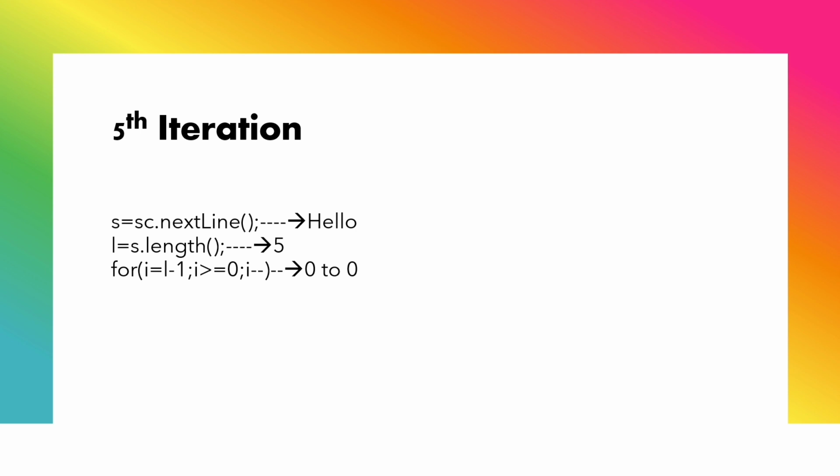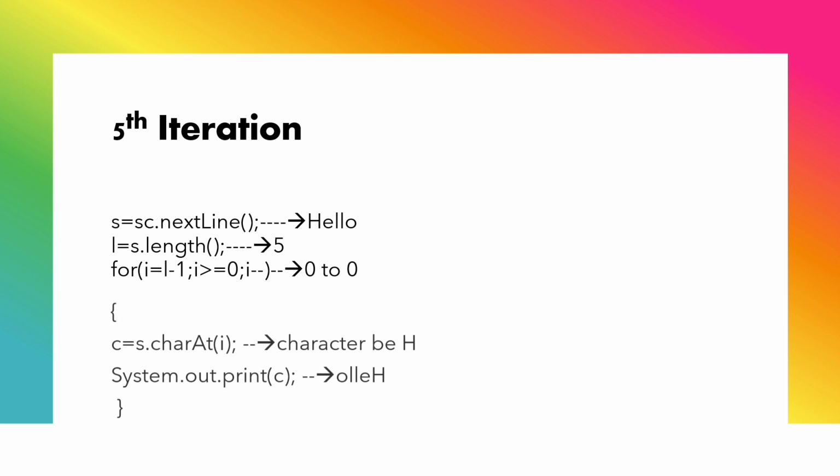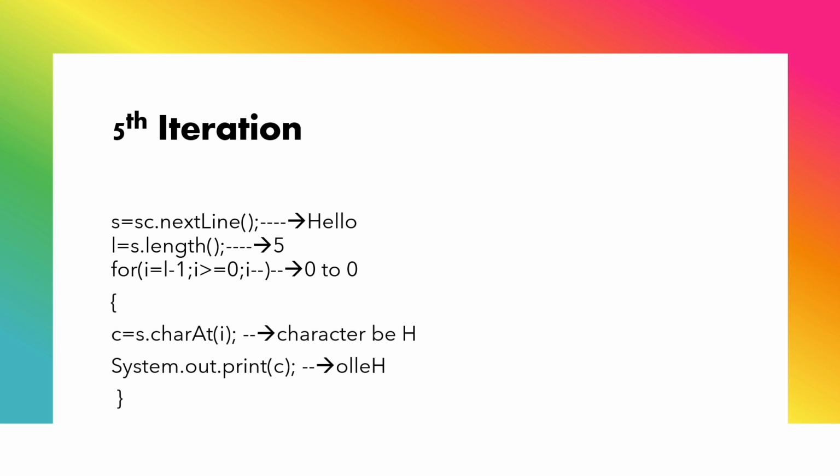If it is entering the for loop, that means it is going to pick the character at 0. Okay, so that is the main condition, because everyone thinks that it is not going to run, but it is going to run, because it satisfies the condition. Here the character will be H, and you can see what it has printed, OLLEH. This is the desired output which we are expecting.